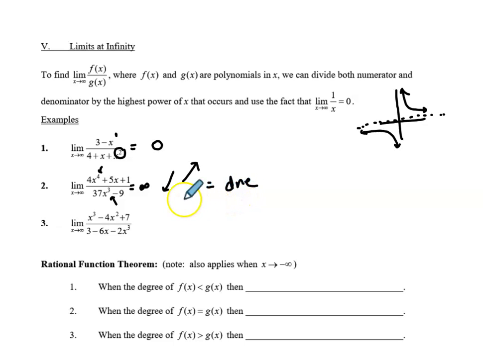We caution you though, because what if, let me change colors to show you a big what if. What if this 4 out in front here had actually been a negative 4. Then I would have had a negative 4 over 37. My end behavior would have looked like this, and the actual limit would have been negative infinity.